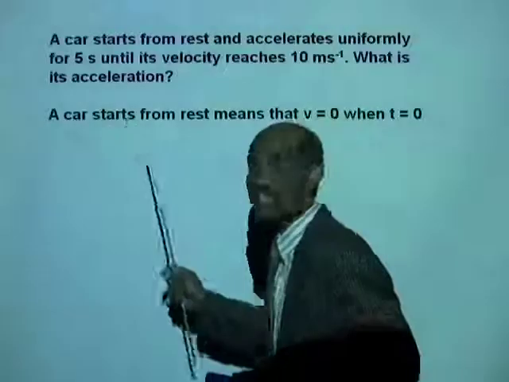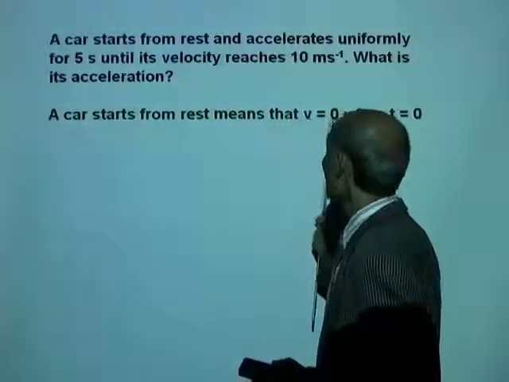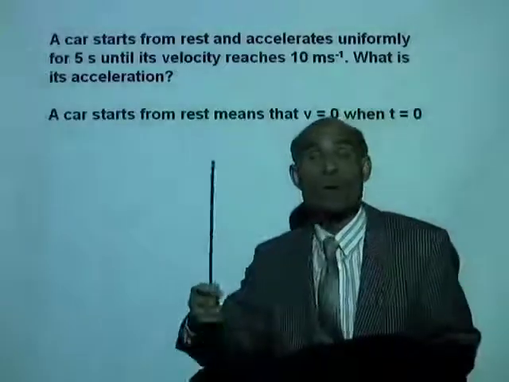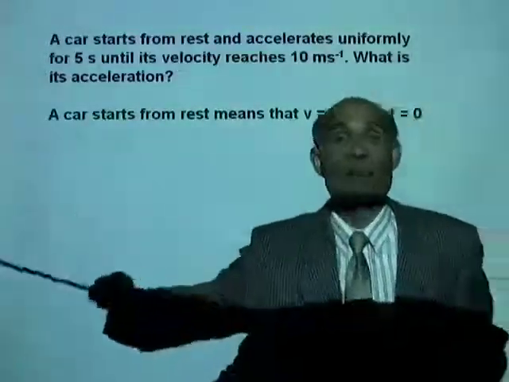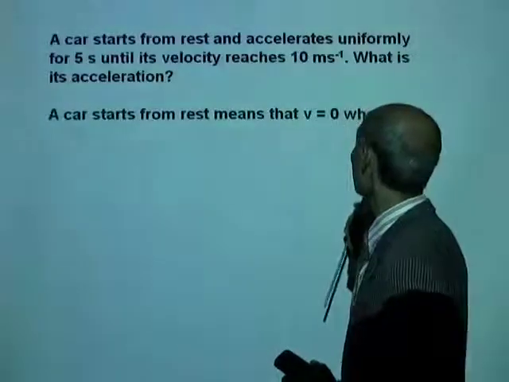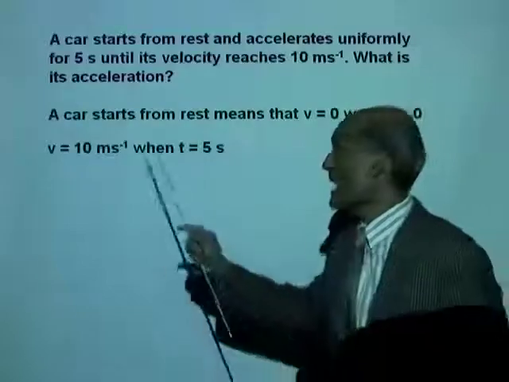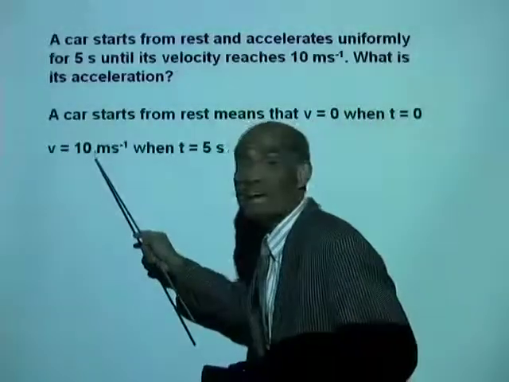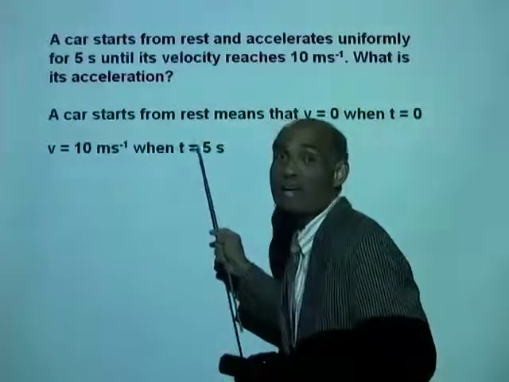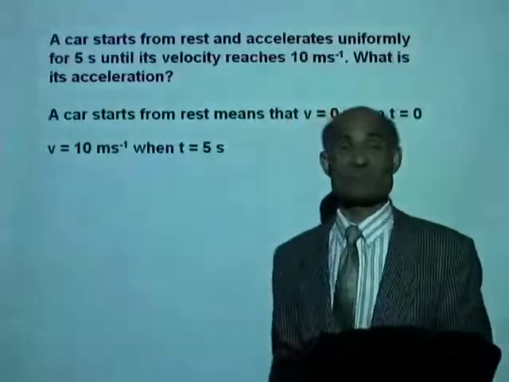Now, a car starts from rest means that its velocity equals 0 when you start counting your time. Or we say v equals 0 when t equals 0. And v equals 10 meters per second at the end of time 5 seconds.